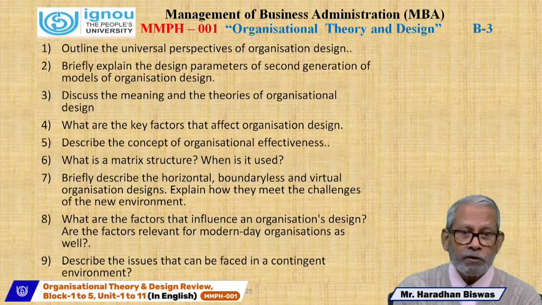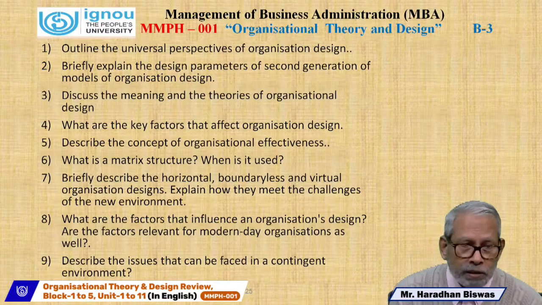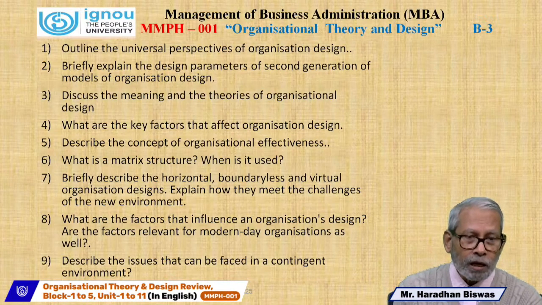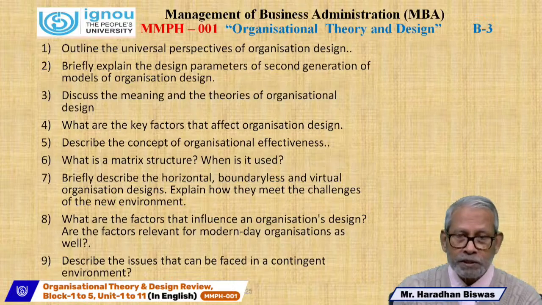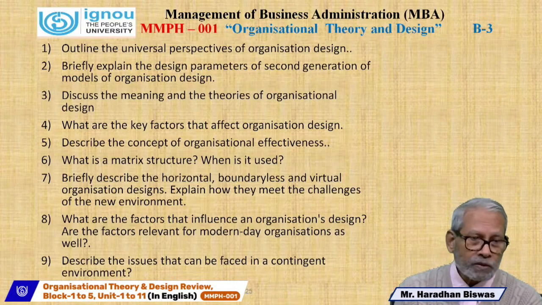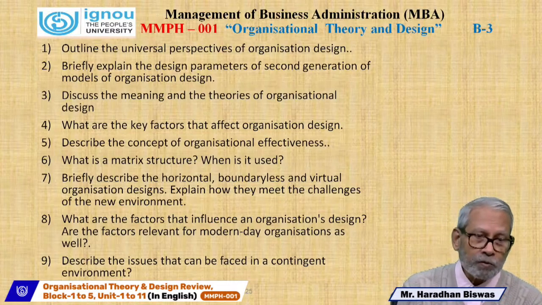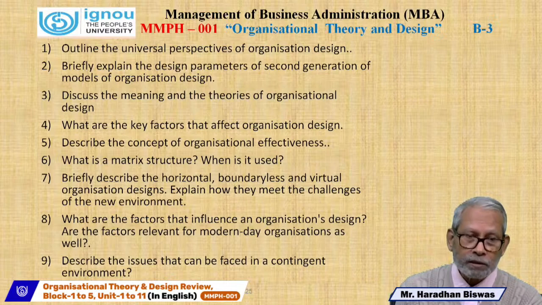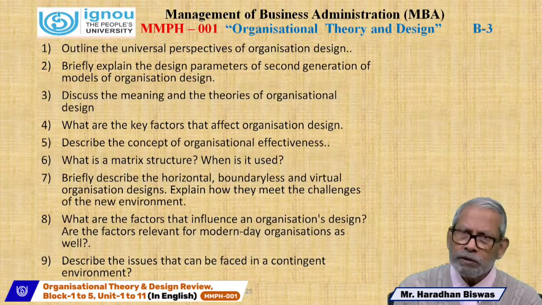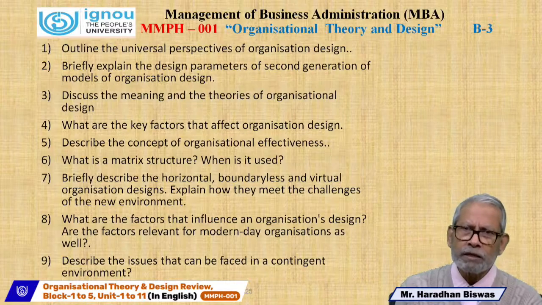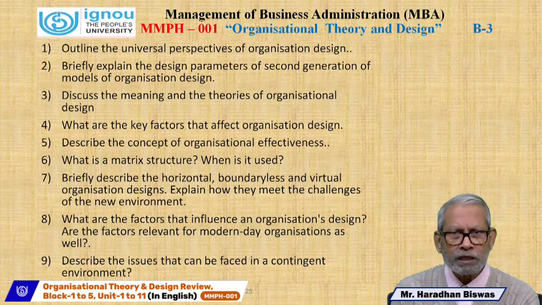Now, outline the universal perspectives of organizational design. Then briefly explain the design parameters and the second generation of models of organizational design. So you have to explain the design parameters. This is the way the questions may come, not exactly, the sentences can change, but otherwise the themes of the questions are the same.